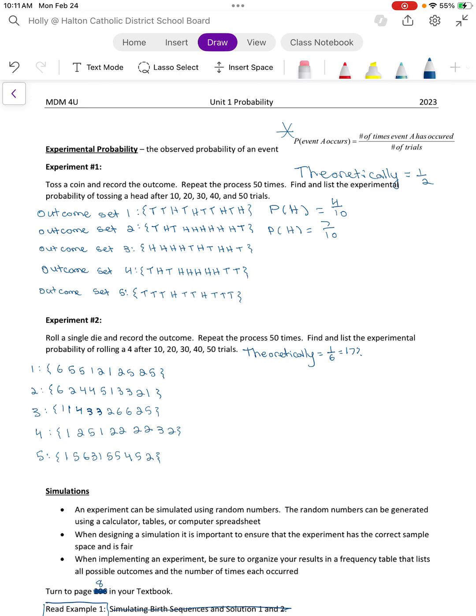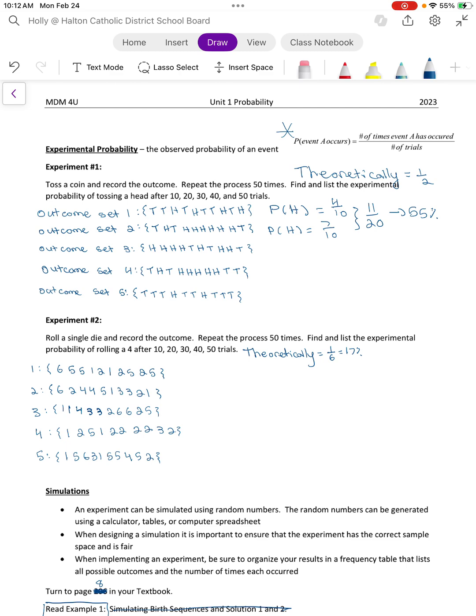But as you see, we have more sets that occur. And if I combine them, so if I look at these two, 4 plus 7, I have about 11 out of 20, which is about 55%, which is closer to the theoretical probability stated in the law of large numbers.